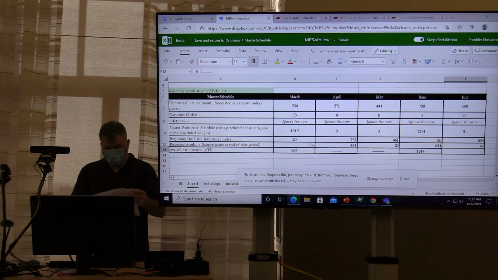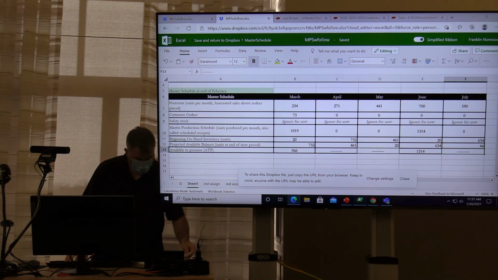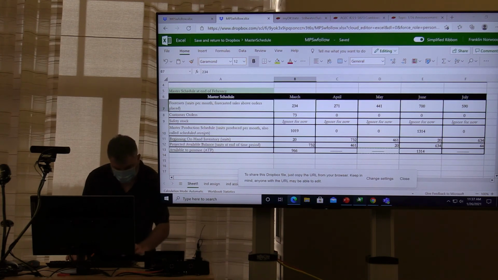And let's see. Page 6, we just have some different numbers, so I'll just plug in the different numbers here. We can see what we get. So different sales numbers.